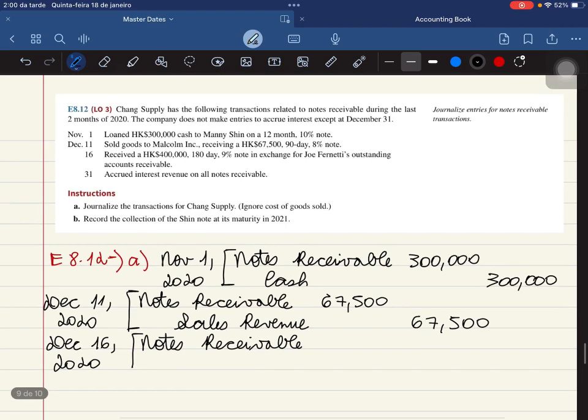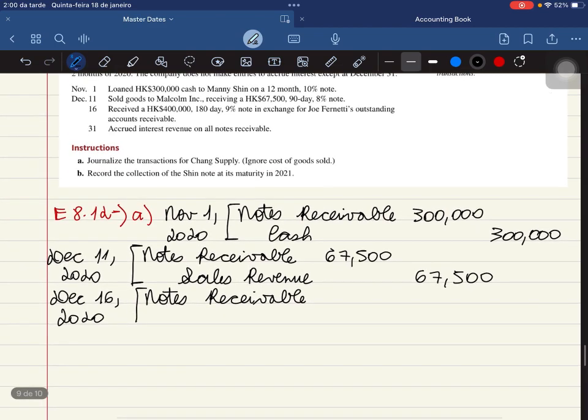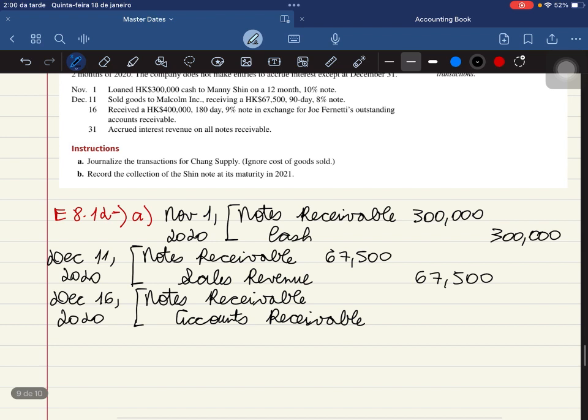He probably bought something from you on account, but now he wants to exchange that account for a note. So that's why you have accounts receivable on the bottom, because he's exchanging that past accounts receivable for a notes receivable. And how much is that? It is 400,000.